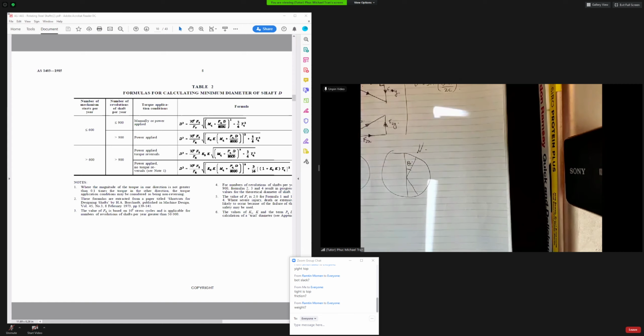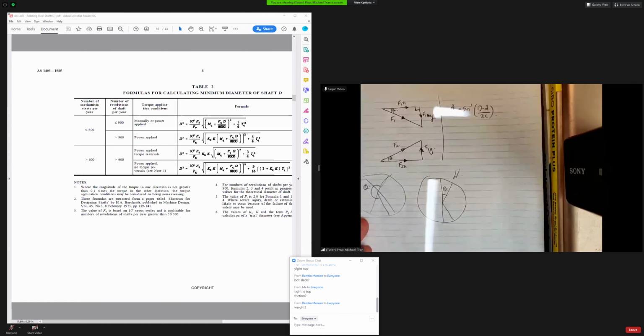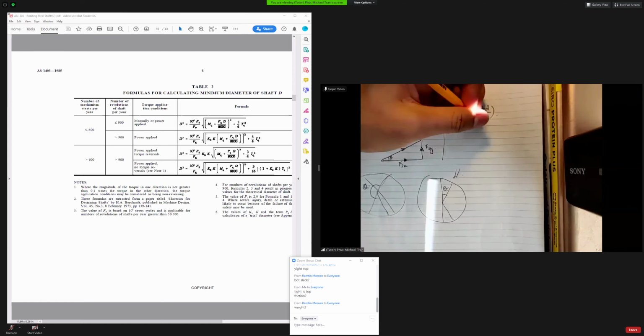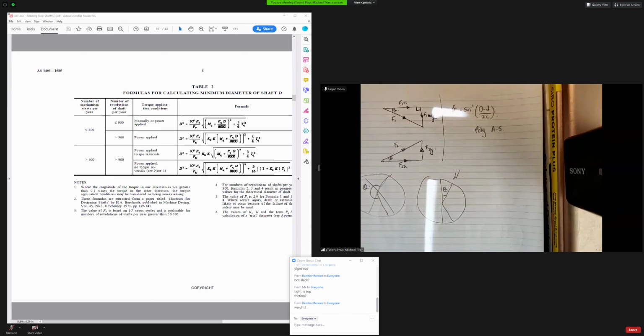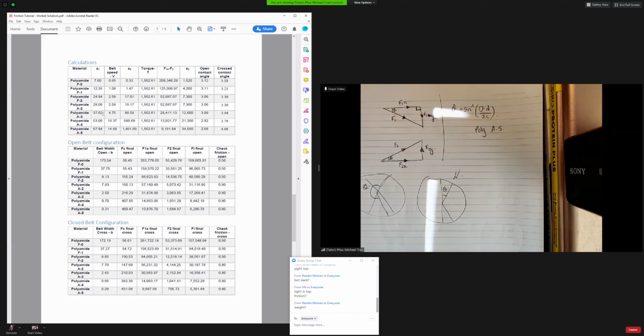From last week's tutorial, we decided that we wanted a pulley A5, shafts, no friction. So this page is going to be crucial. If you haven't downloaded the answers to last week's tutorial, go and do that.